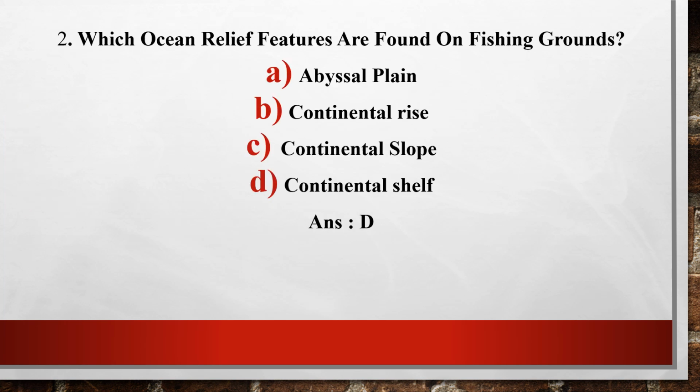Next question: which ocean relief feature is found as a fishing ground? It's the continental shelf because its width is 48 km to 68 km. So phytoplankton, zooplankton, and nutrition are always available for fishing. So this feature, the continental shelf, is a fishing ground.